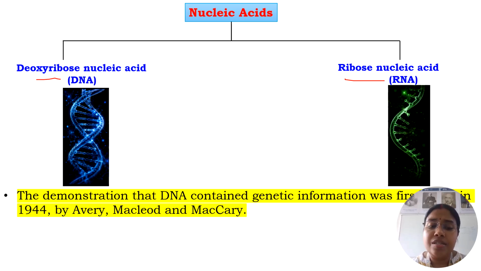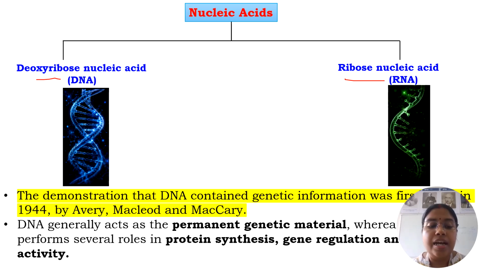The demonstration that DNA contained the genetic information was first described in 1944 by Avery, MacLeod and McCarty. DNA acts as a permanent genetic material in our body, whereas RNA performs several roles in protein synthesis, gene regulation and many other activities. So that's why the body needs both DNA and RNA.